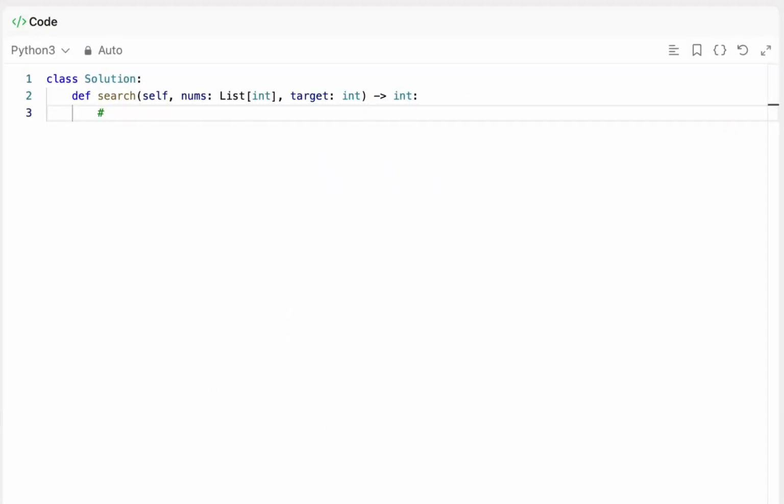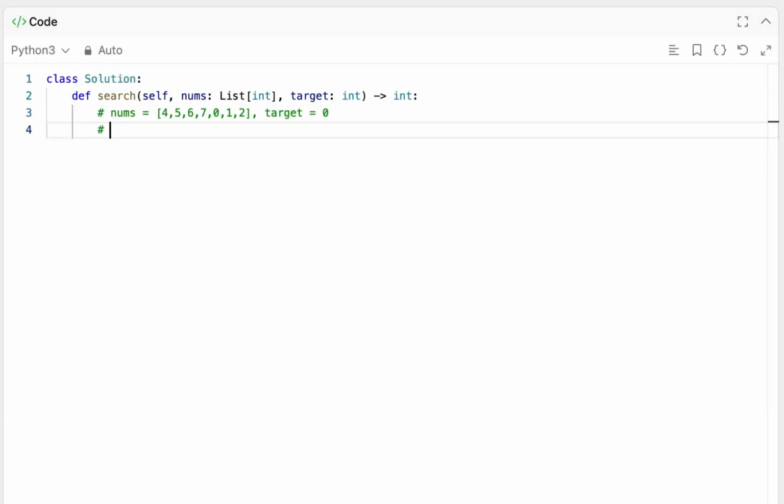So let's take example 1 from here. If nums is this one, and we want to find the target 0, how would I solve it?